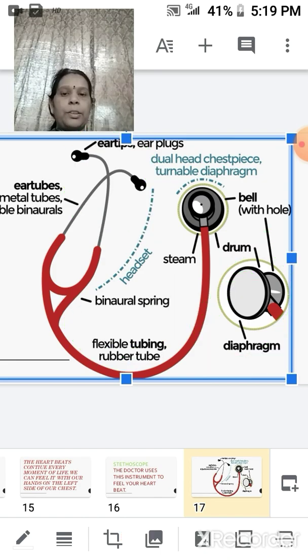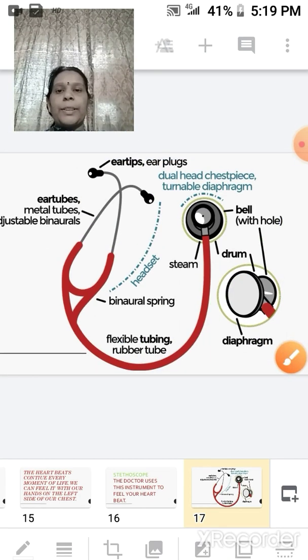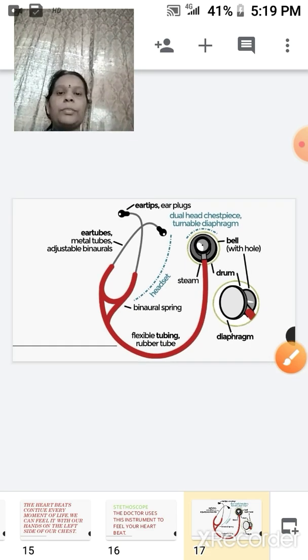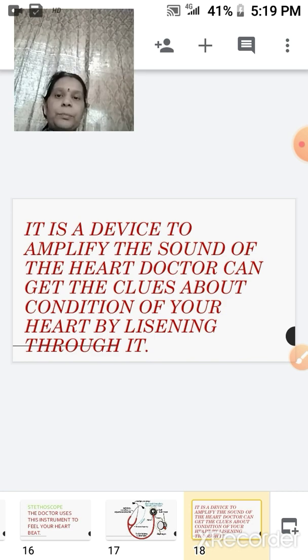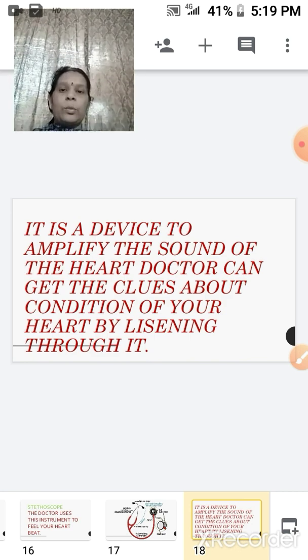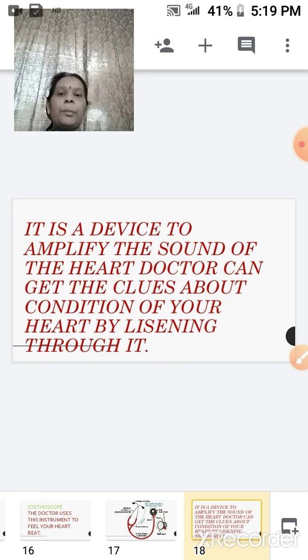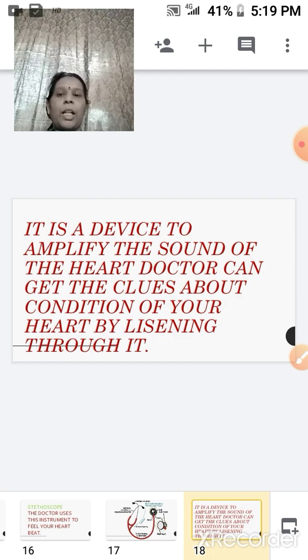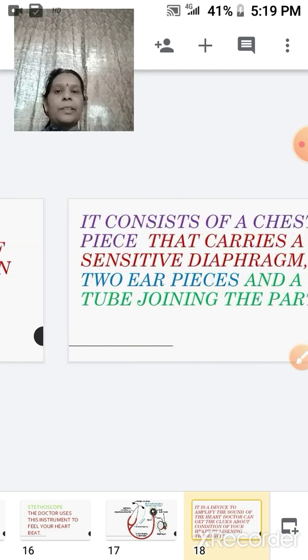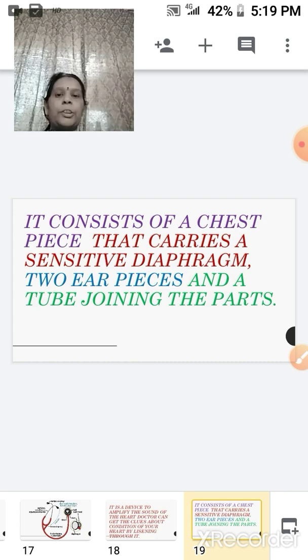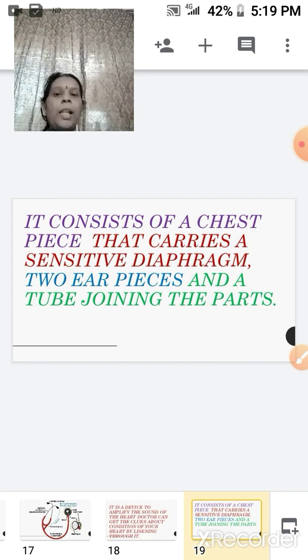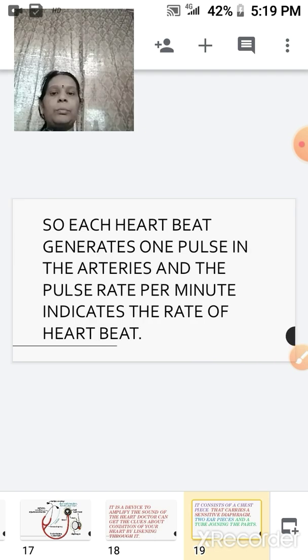It is a device to amplify the sound of the heart, with the help of which the doctor gets clues about the condition of your heart when he is listening through it. We just now talked about the three parts: the diaphragm, the two earpieces, and a tube which connects the parts.